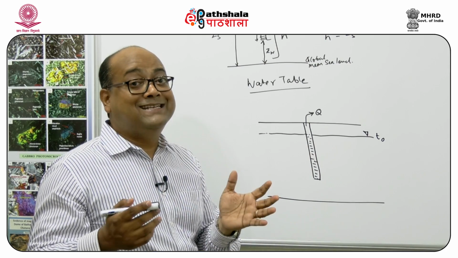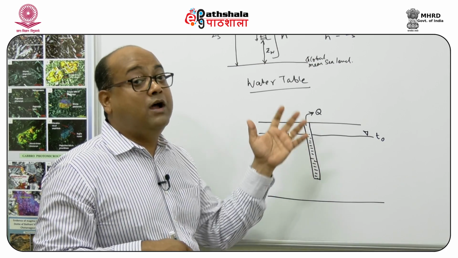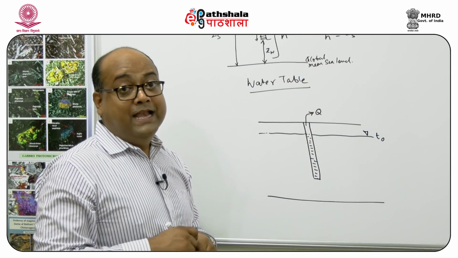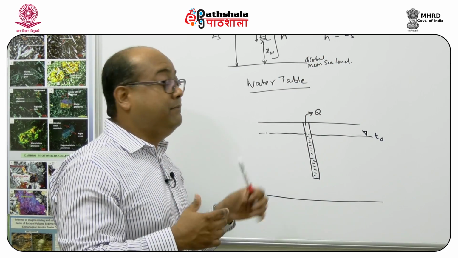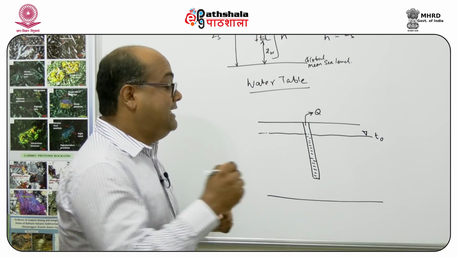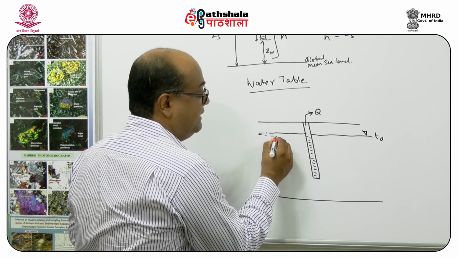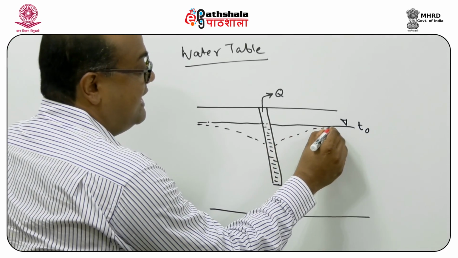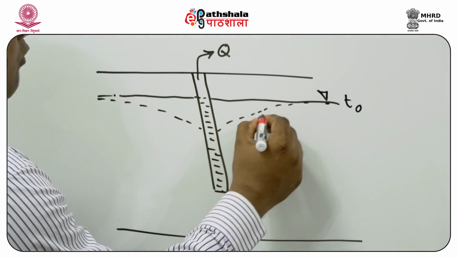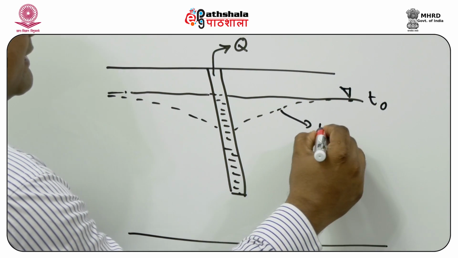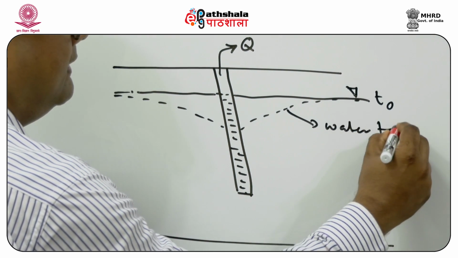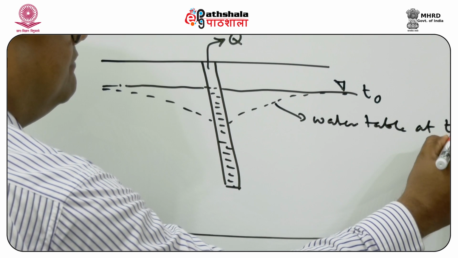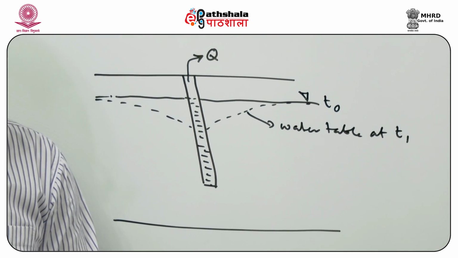Now suppose at time t1 I started pumping out water. The water table is going to appear something like this: this is the status of the water table at time t1 after pumping has started.